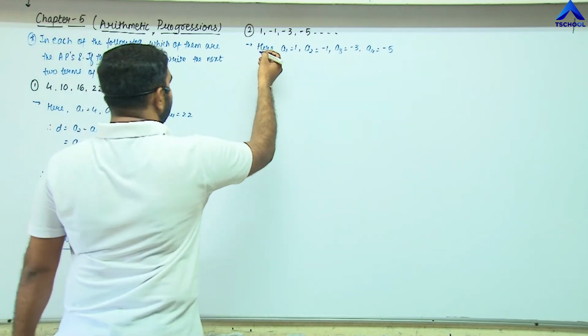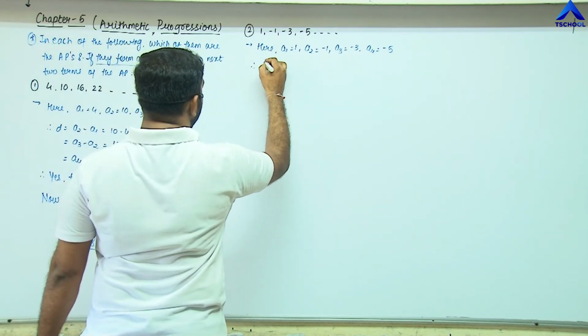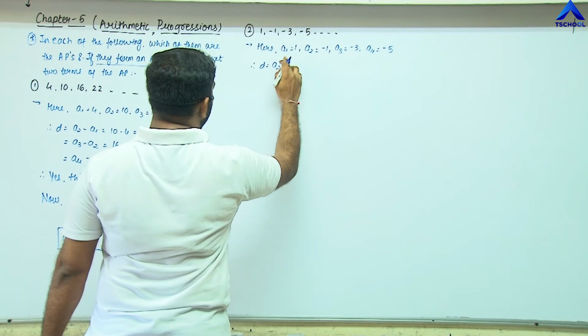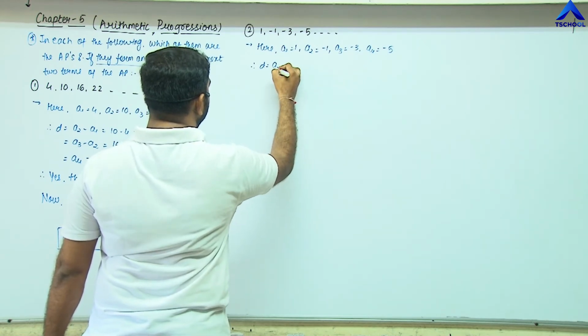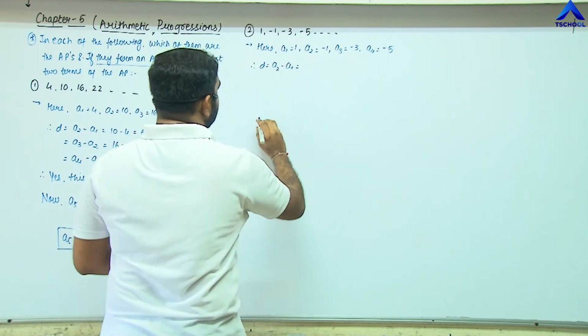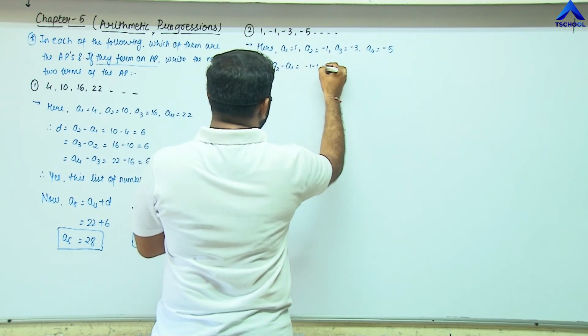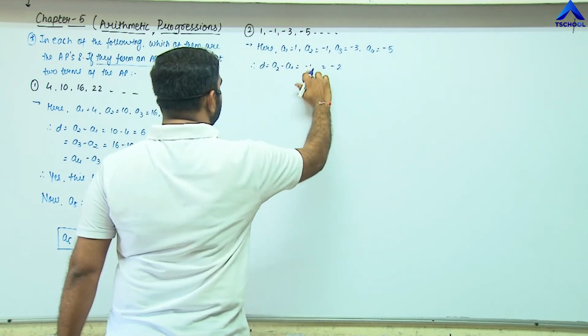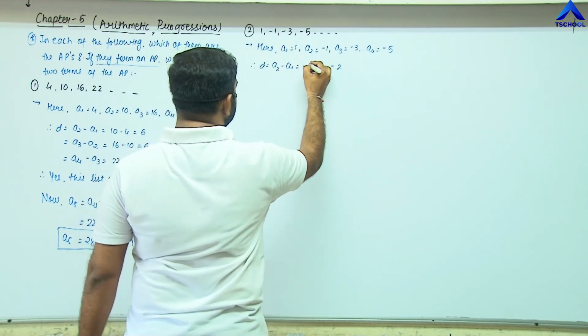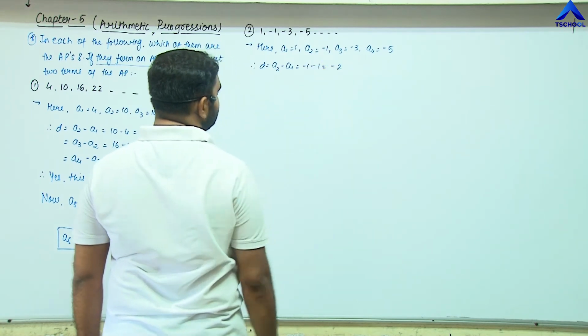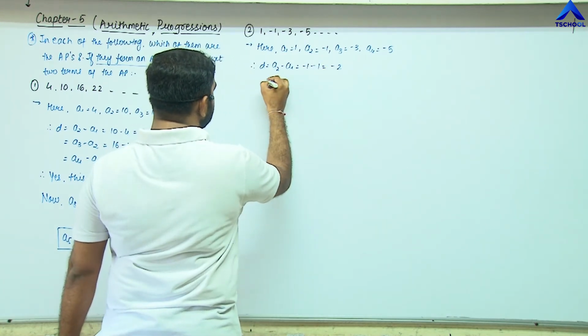Therefore d, that is a2 minus a1, which is minus 1 minus 1, that is minus 2, because the second term is minus 1 minus the first term 1.